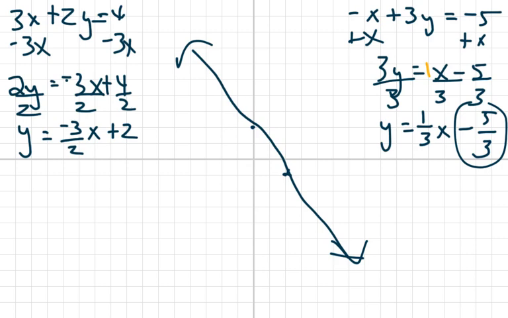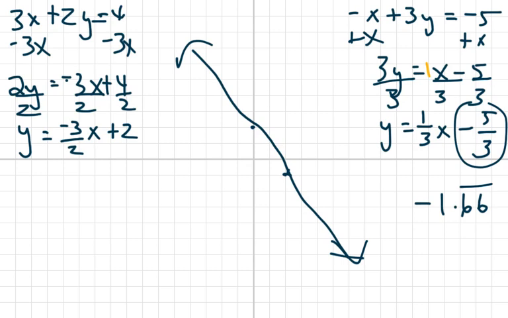So a lot of you would want to change this over to a decimal, which is what, like 1.6? 1.6 repeating. And the problem with that is that you can't be 100% sure that you've put your dot in the right place.